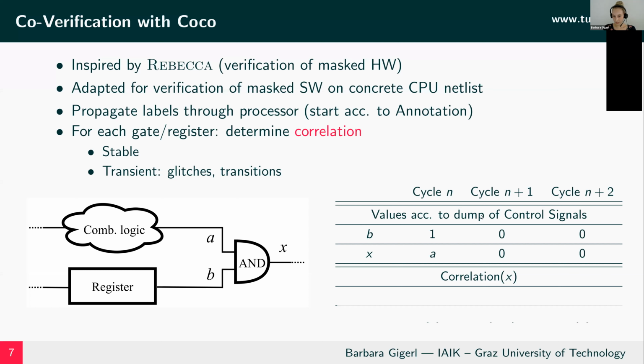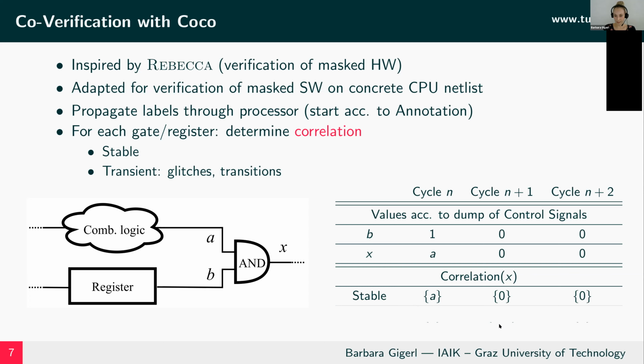And here you can see the dump of control signals for 3 cycles, n, n+1, and n+2. And you see that B first is 1 and then switches to 0. So the output X will basically first be A and then 0. When we now want to compute the correlation of X, we would first of all focus on the stable correlation set. So in the first cycle, since X displays the value of A, X will correlate to A.